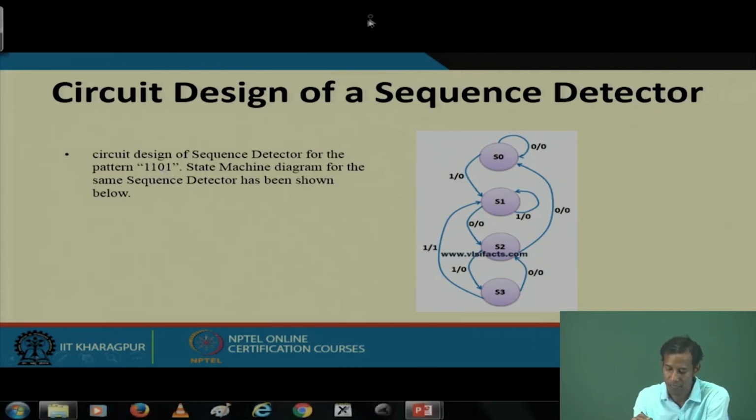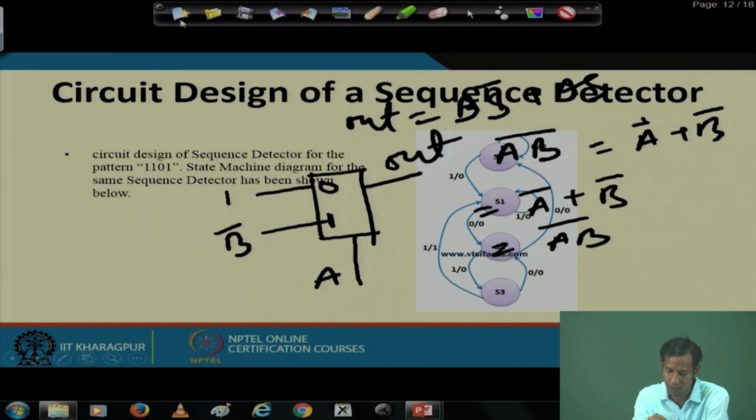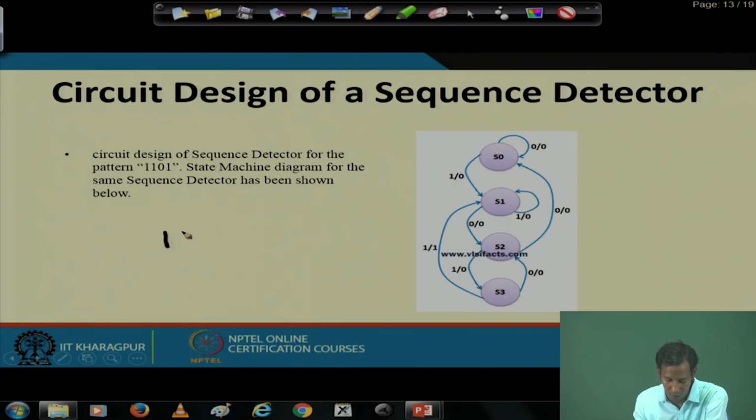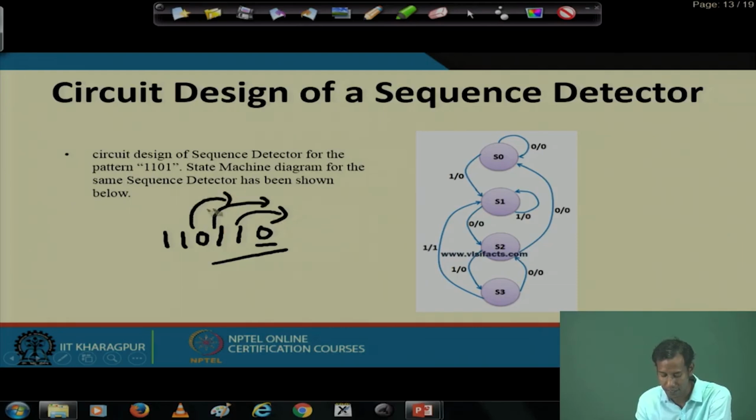So if I write 1 1 0 1 1, initially it has to start with this, and if it is not matching, it will go to the next bit, like next bit, like next bit. One by one it will be processed through this particular state machine.